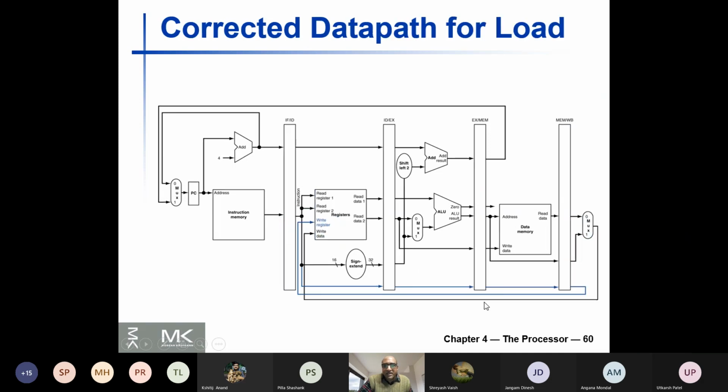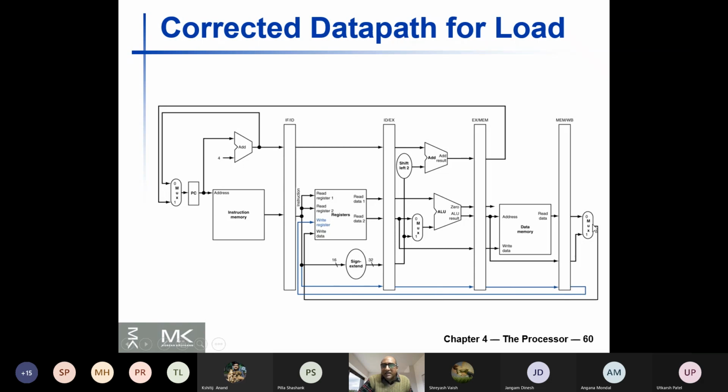So if you look here, in the case of load instruction, when the address is generated at stage 2, the destination register address also has to be passed through all these stages.